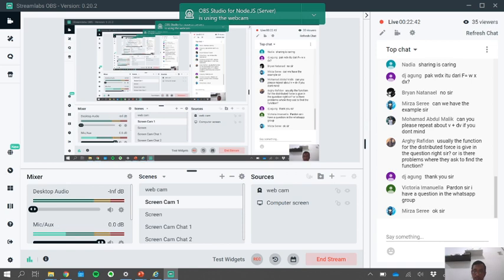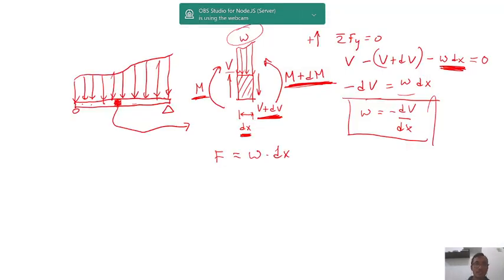Victoria Emanuela: how do we determine the direction for the V and moment if we get it wrong? Is it okay? Better not. Because as I told you, whenever we start a cut, for example, I want to cut it like this here, and you analyze the cut, at the right side of the part where you cut, you have to always assume the positive direction.